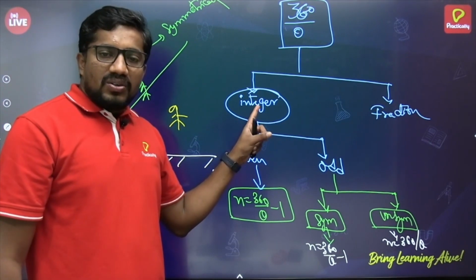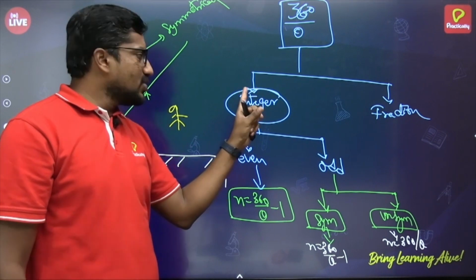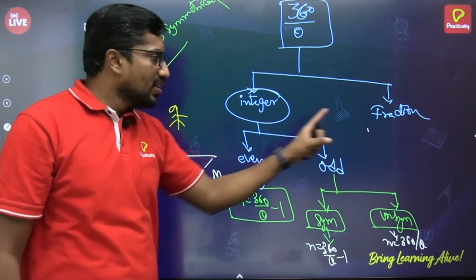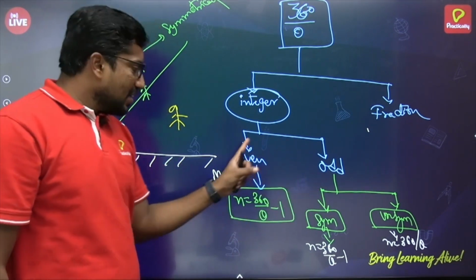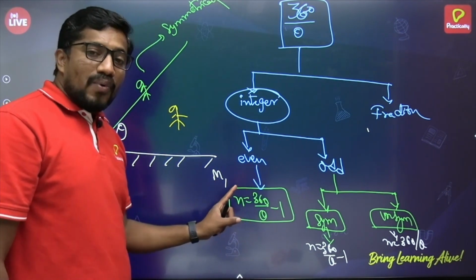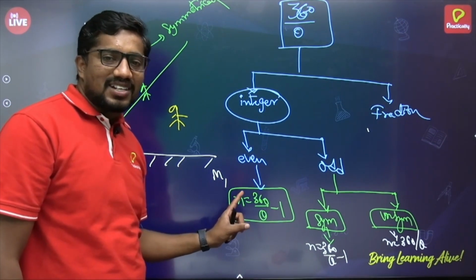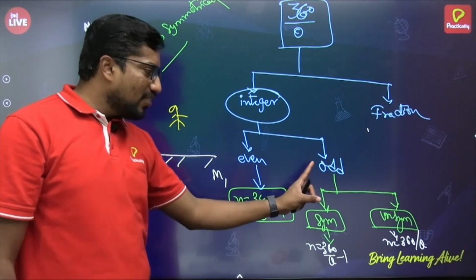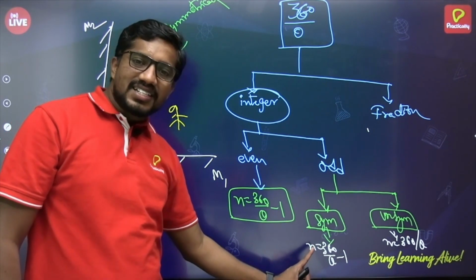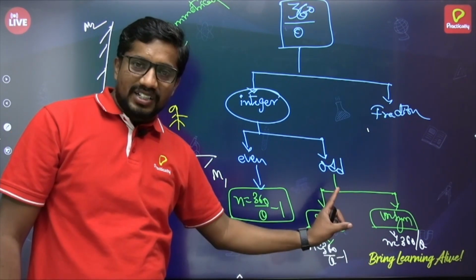So based on the 360 by theta value, two possibilities: integer or fraction. If it is an integer, then even or odd. If it is an even integer, whatever the position, symmetrical or unsymmetrical, it doesn't matter; the number of images will be 360 by theta minus 1. But if it is odd, for symmetrical n equals 360 by theta minus 1, and for unsymmetrical it is 360 by theta.